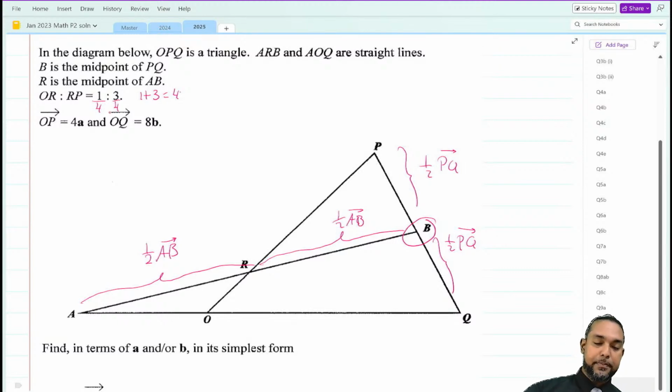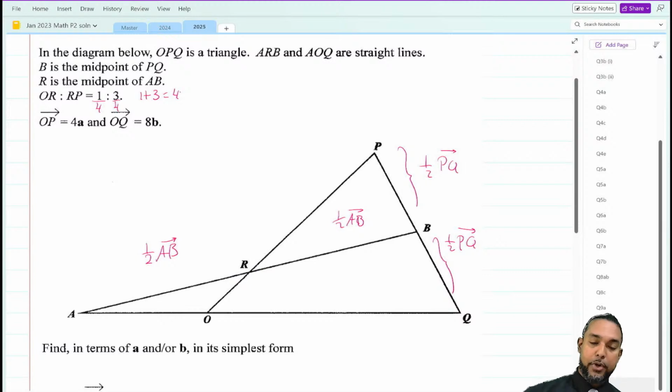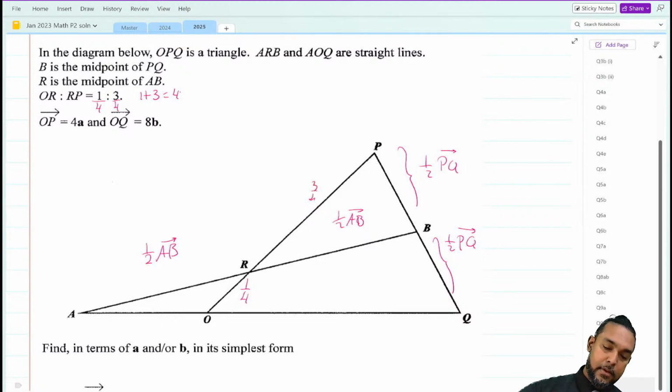So what that means is that when you break up the larger line OP by placing R on it, you've broken it up into a 1/4 and a 3/4, because this tells us that RP is 3 times OR, or OR is 1/3 times RP.